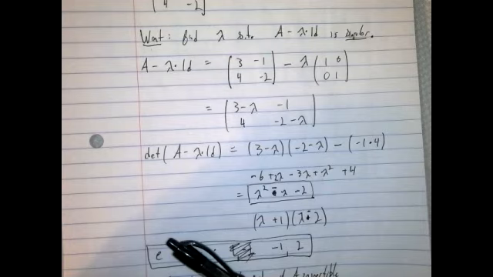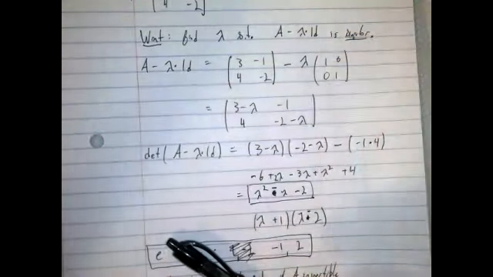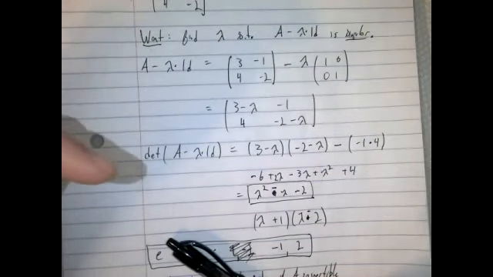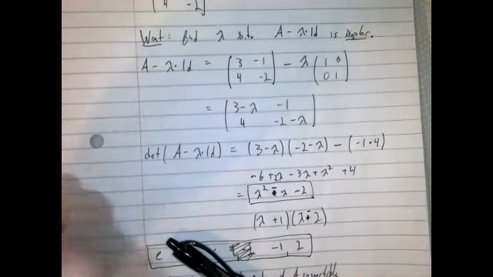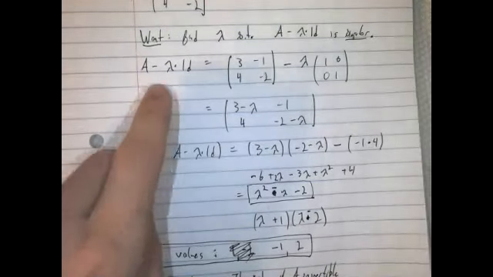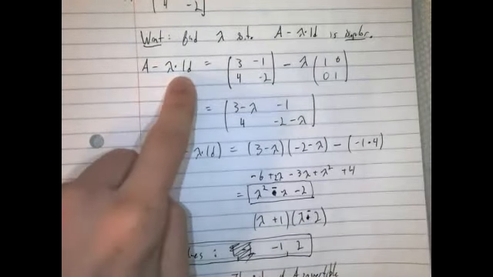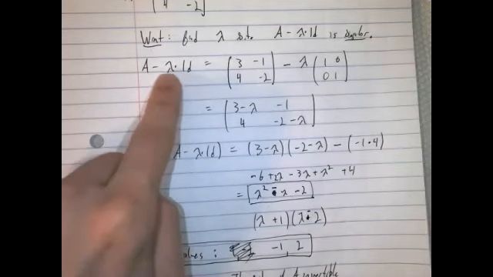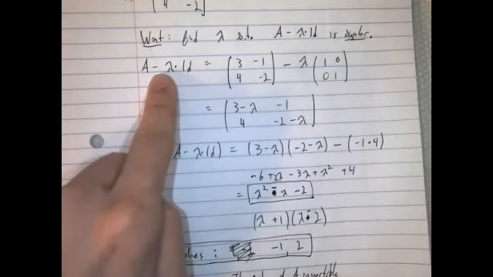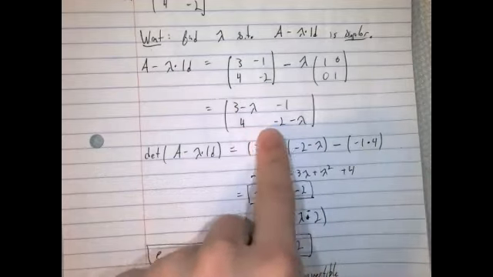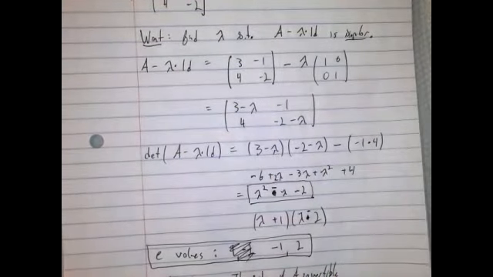Is that okay? Okay, that makes sense. And studying when is a line sent to itself, or when is a vector sent to a scalar multiple of a vector, led us to see that whenever that happens, A minus lambda times the identity has to be singular. How do we check when it's singular? By taking the determinant of this matrix and then finding the roots.